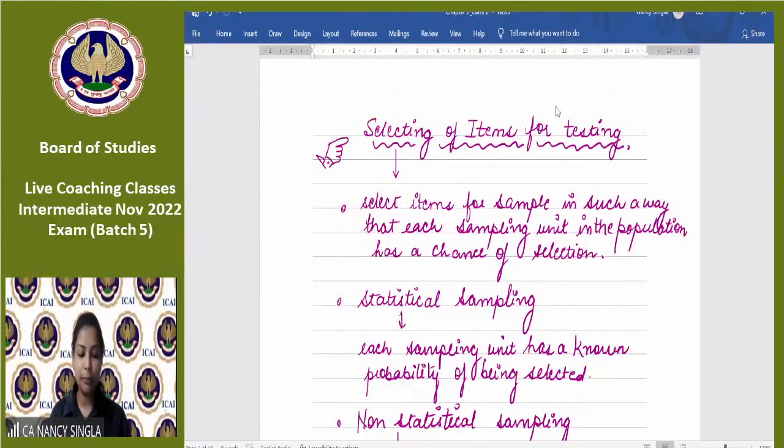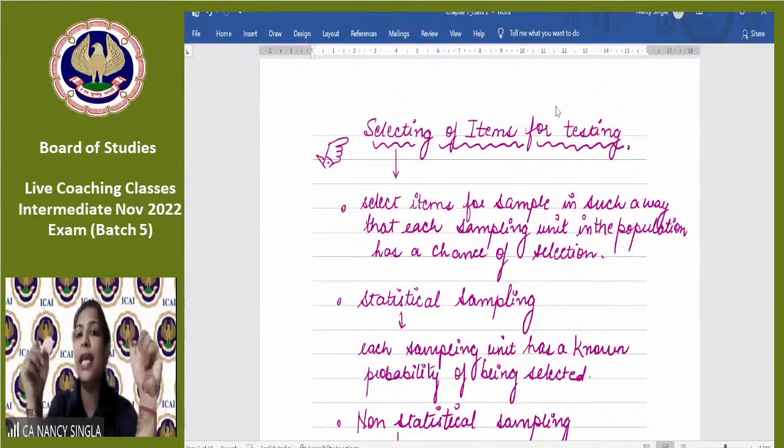Now the third step is selection of items for testing. That is, now the auditor has made a plan for obtaining a sample from the population. He has also decided the sample size. Now, how to select the items for testing is our next step. Okay?